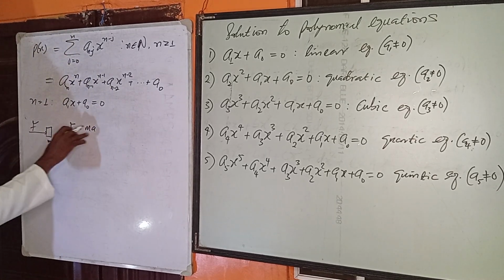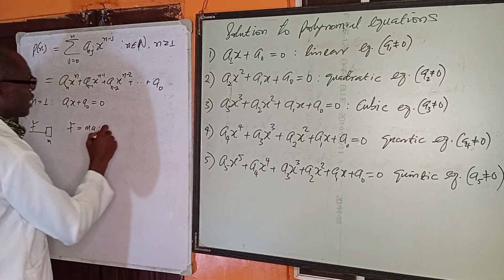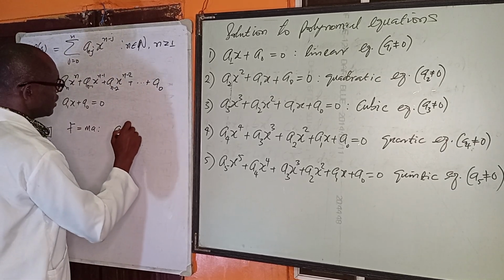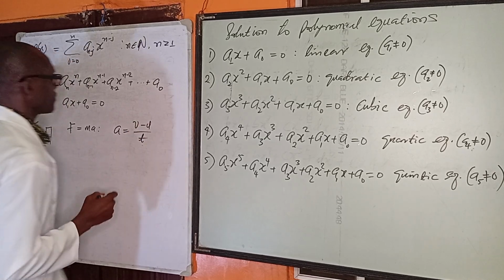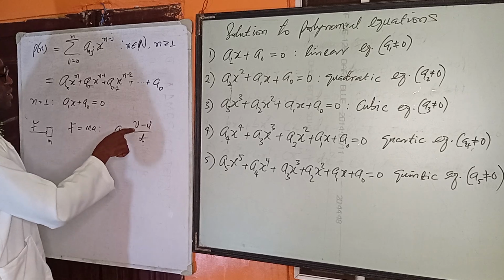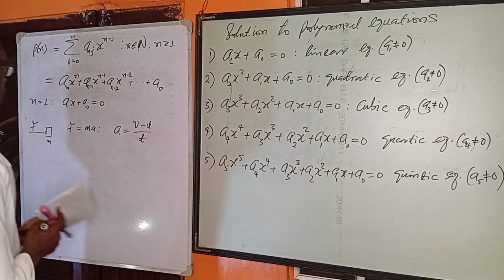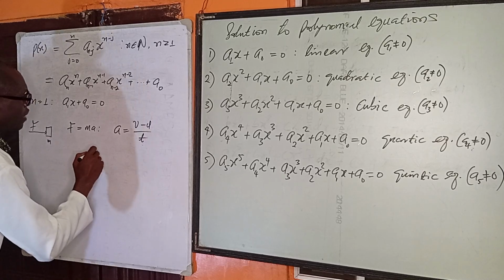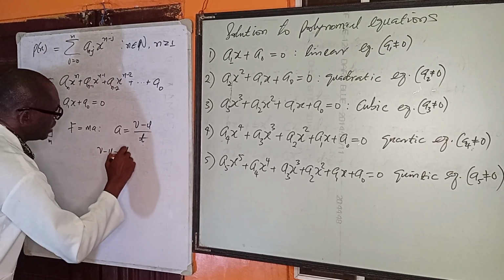Now, you observe that acceleration a is defined as rate of change of velocity with respect to time. Now, looking at this, v is the final velocity, where u is the initial velocity. If I simplify this further, I will have that v minus u is equal to at.